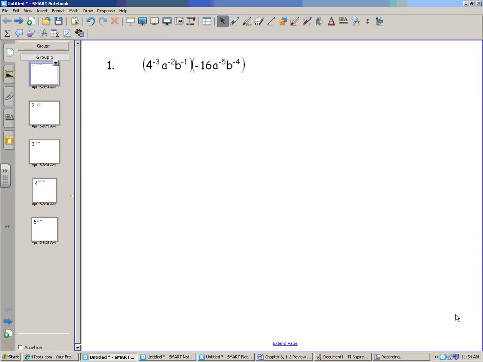Okay, so now, numbers with numbers, letters with letters. Before you rearrange, though, I want you to put on your missing exponents.